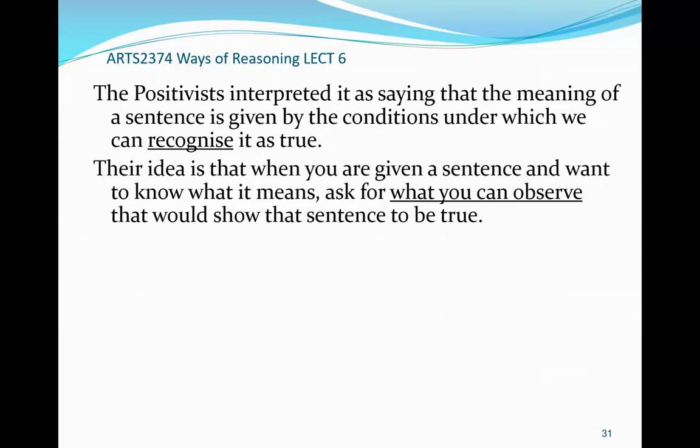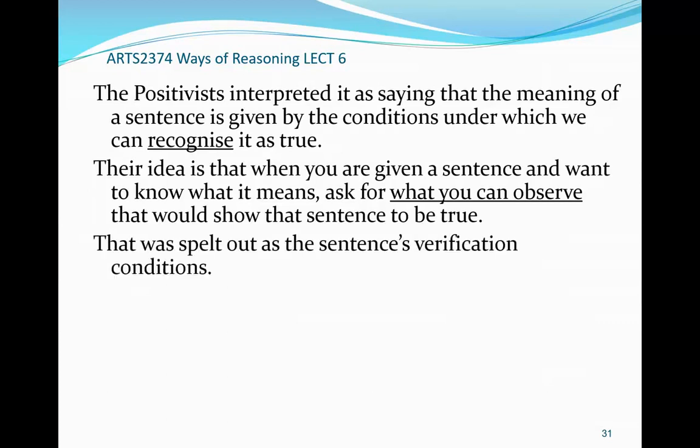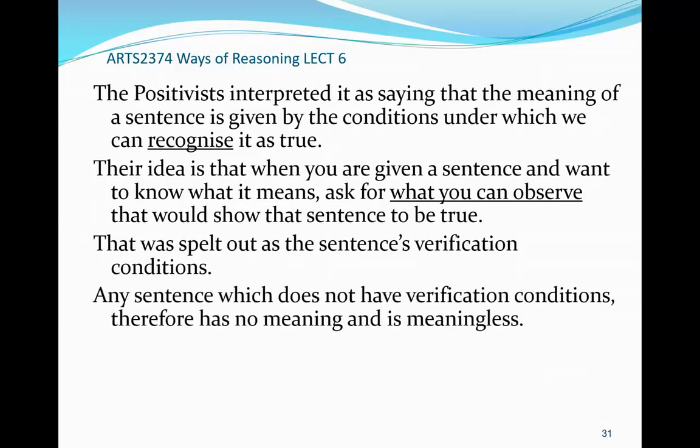That's the idea of what would verify it. And so the verification conditions were thought to be crucial to giving the meaning of a sentence. And any sentence which doesn't have verification conditions, according to the positivists, had no meaning, and because of that was meaningless.